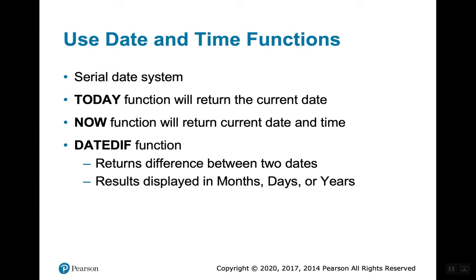Do you want it to be in months? Do you want it to be in days? If you put a capital D in quotes at the end as the third parameter to date diff, it will come back and tell you the number of days between any two dates, which is actually a pretty useful thing.